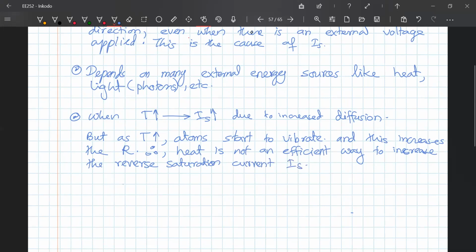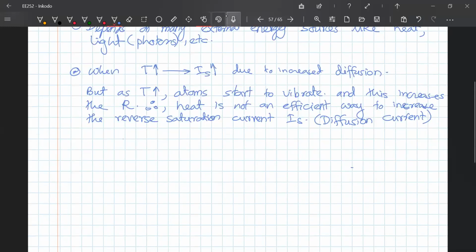Okay, so this is also called diffusion current. So what will happen if I increase T? If I increase T, it will increase IS, which is what we want, and that will increase ID, exactly what we are trying to achieve.